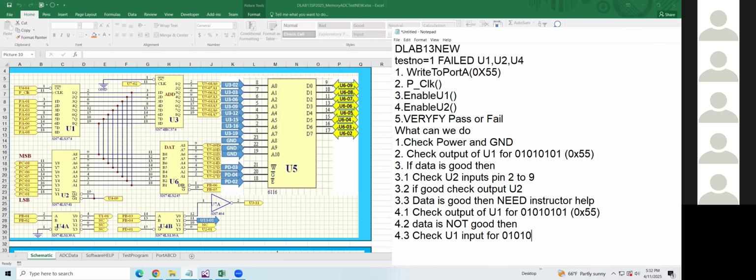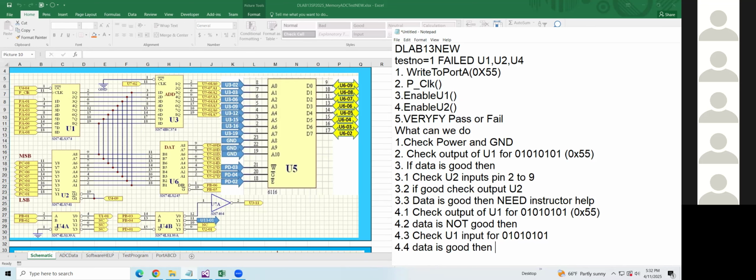0101. Okay. Now 4.4. Data is good. Then what next?